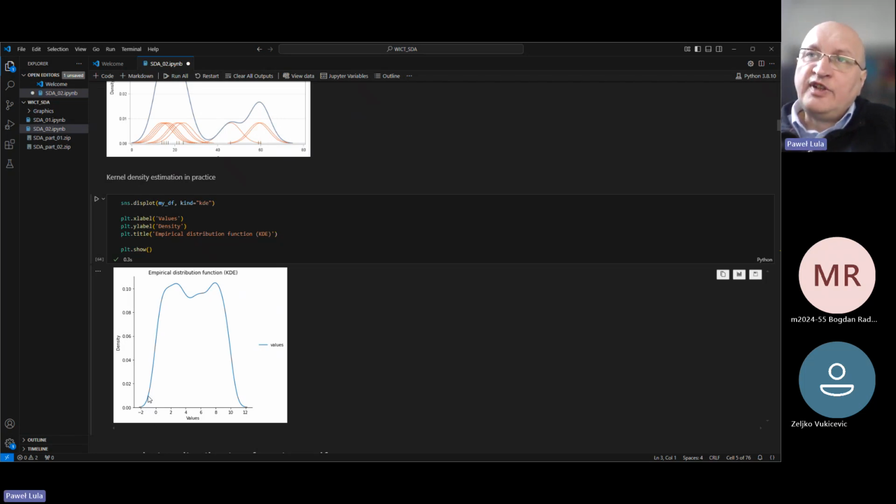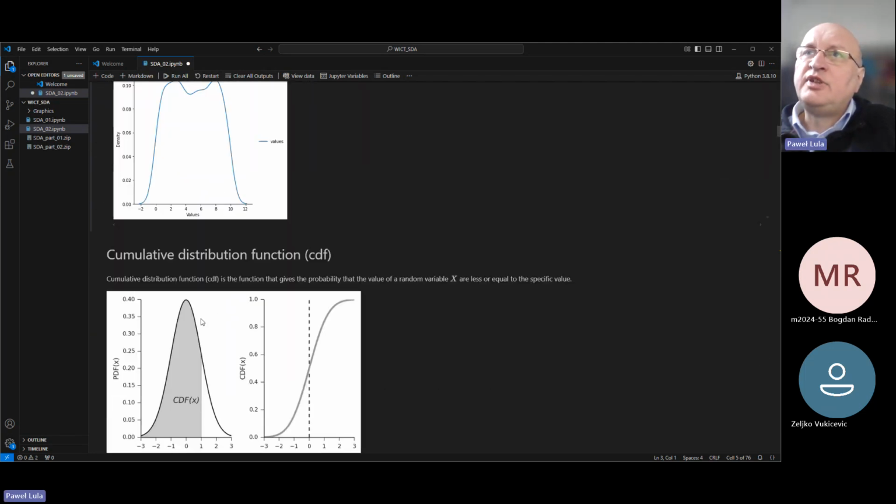But we have this shape, and if we want to know what is the probability that, for example, a given value of this random variable belongs to the range from 2 to 6, then we should calculate the area of this figure which we have under this curve.